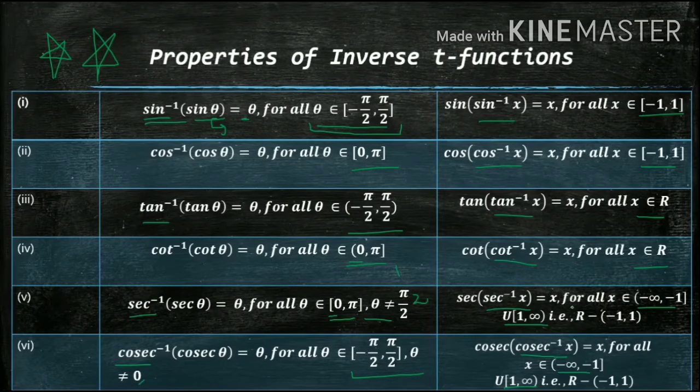Okay, now what is this basically? Let me also tell you. This is nothing but R minus minus 1, 1, meaning the whole real line. So this is the whole real line, and this is minus 1, and suppose this is 1. I am saying your domain is from minus infinity to minus 1 and from 1 to infinity.